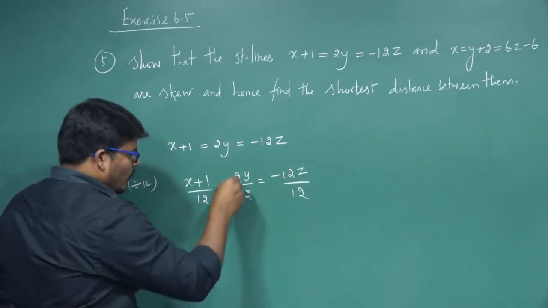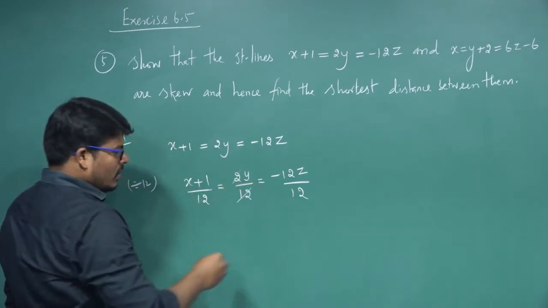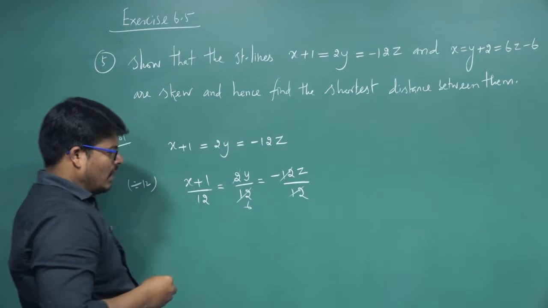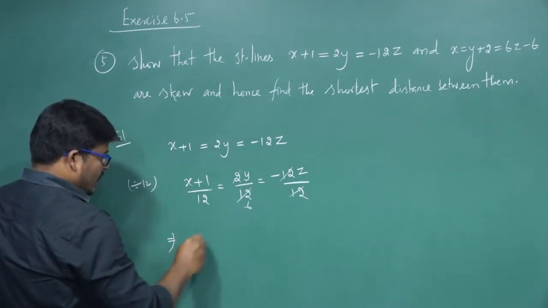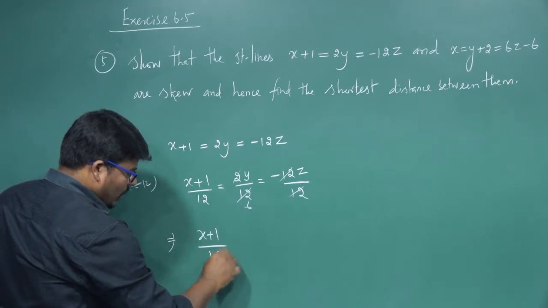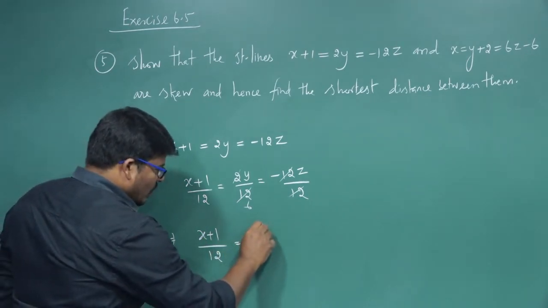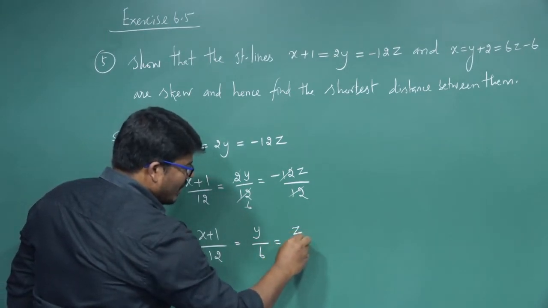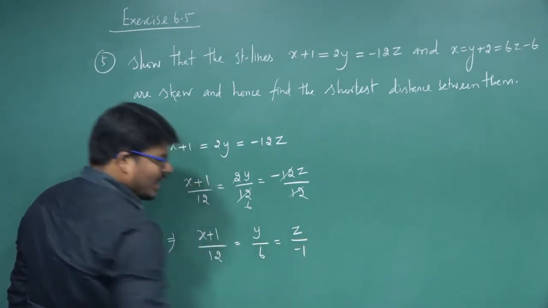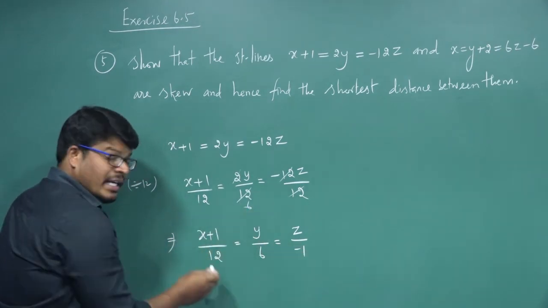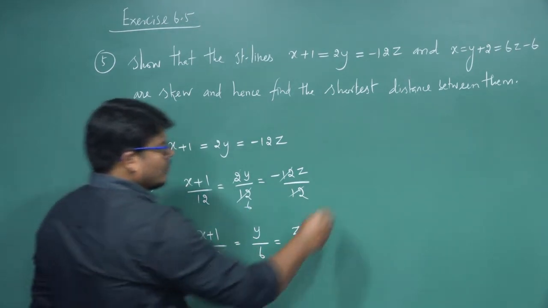Cancel the values: 2 times 6 is 12, and 12 and 12 cancel. This gives the Cartesian form x plus 1 by 12 equal to y by 6 equal to z by minus 1, the equation of the first straight line.